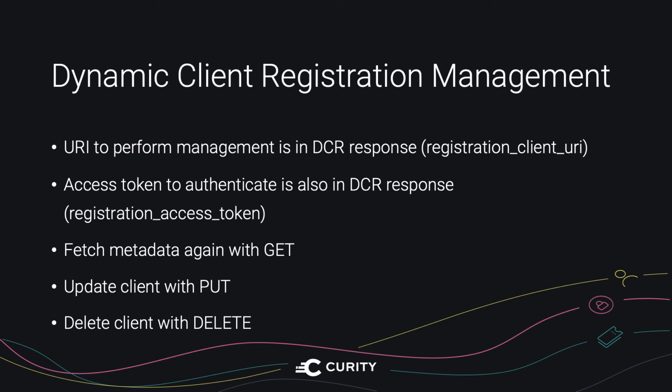So when we call that API, we can provide that access token. And what we can do with this API is to update the registration. So we can do a put there to do a modification on it. If we need to get the information back, we can do a get request. And if we need to get rid of the registration, we can do a delete on that. So DCRM is basically a CRUD API for registration of dynamic clients.